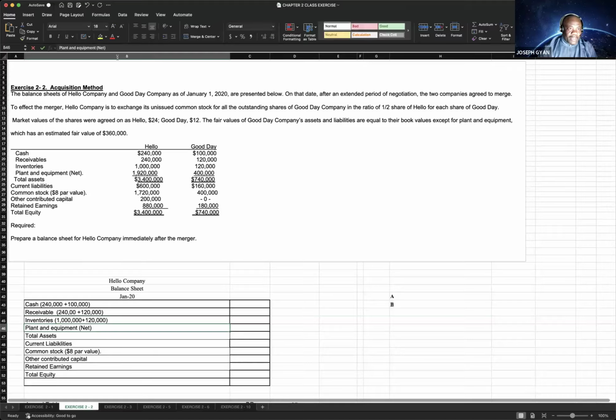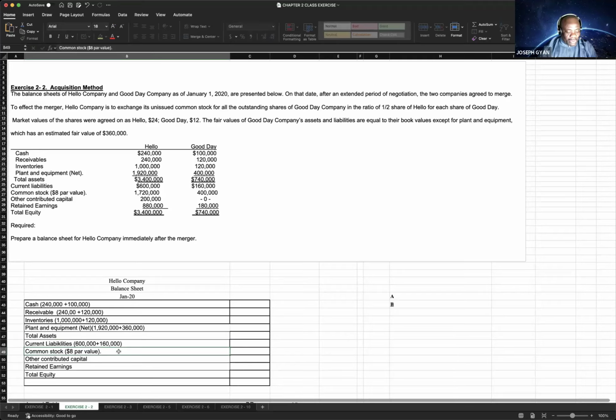When it comes to the PPE, they have 1,920,000 plus 360,000 here. When it comes to liabilities, they have 600,000 in the liabilities plus 160,000 in the liabilities.